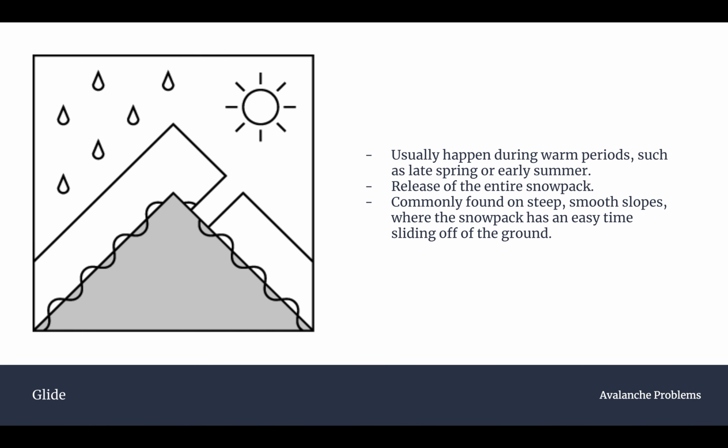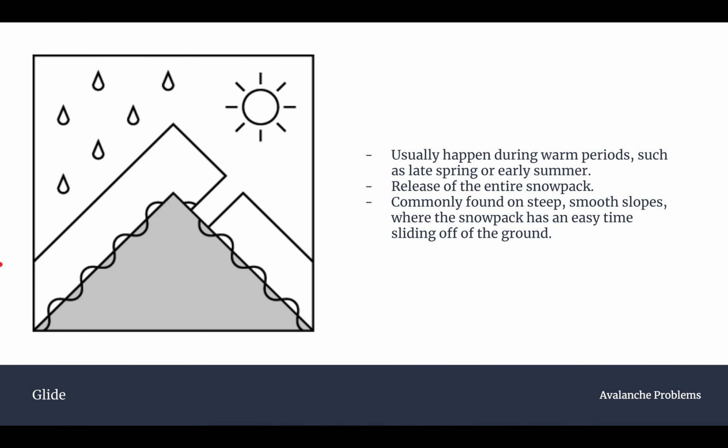These typically happen during warm periods such as late spring or early summer, because throughout spring the entire snowpack is melting due to warm temperatures and intense sun exposure. The snowpack has to be thin enough for the moisture to get all the way down to the bottom of the snowpack.